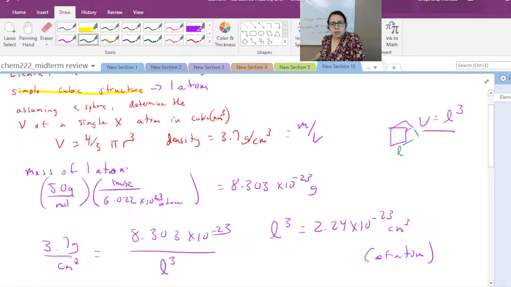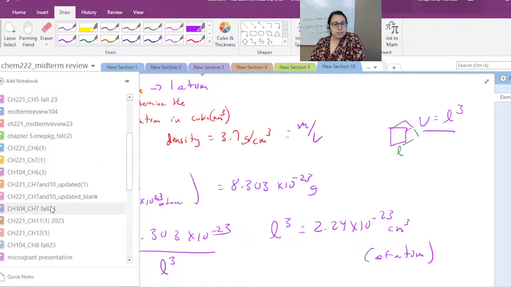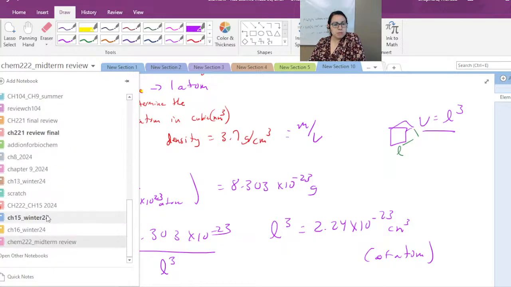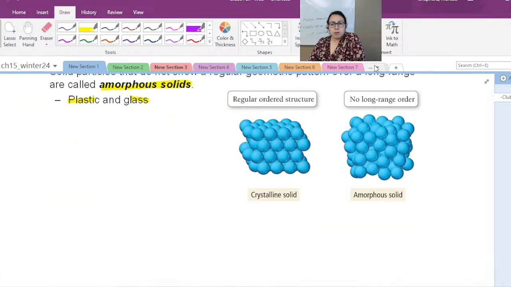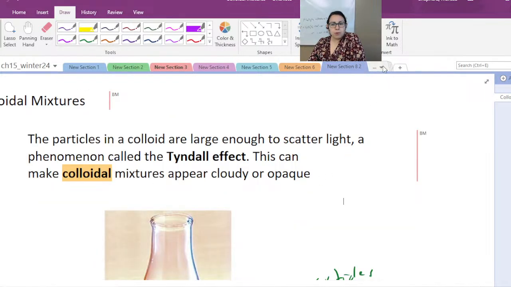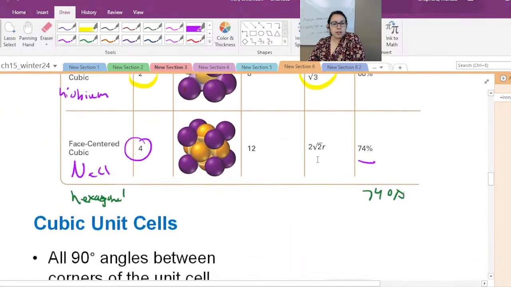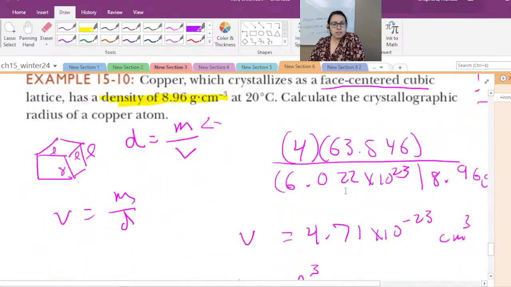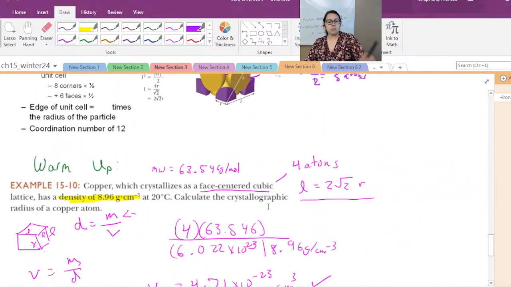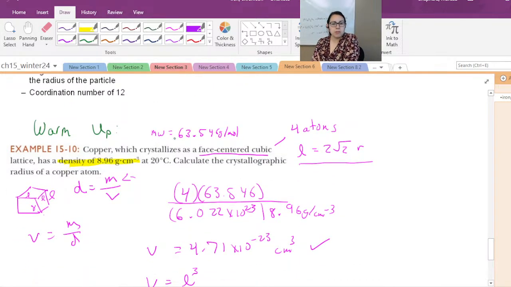We did a similar problem here, remember this one with copper and the face-centered cubic? We said that one had 4 atoms, so when we did the mass, we did 4 times the molecular weight before dividing by Avogadro's number.